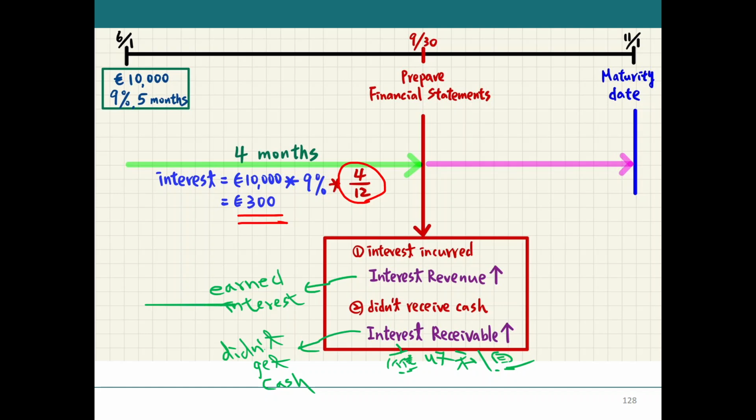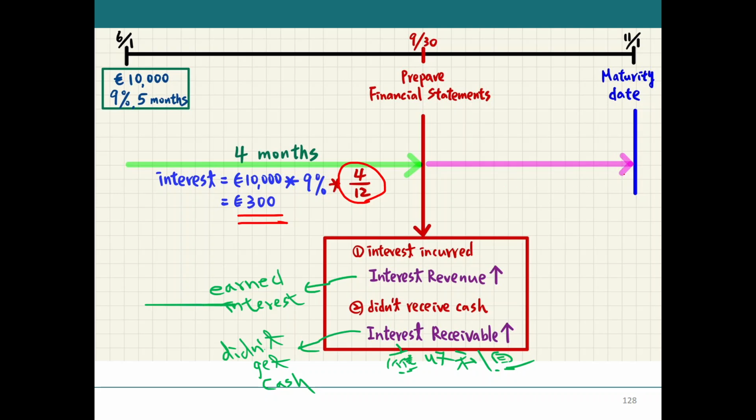So that's only for September 30, when we are going to prepare financial statements. No problem? Okay, since we've done September 30, then time continues to the maturity date. So on the maturity date, what happened? Time passed for how long? 1 month. So 2 things happened. What's that?